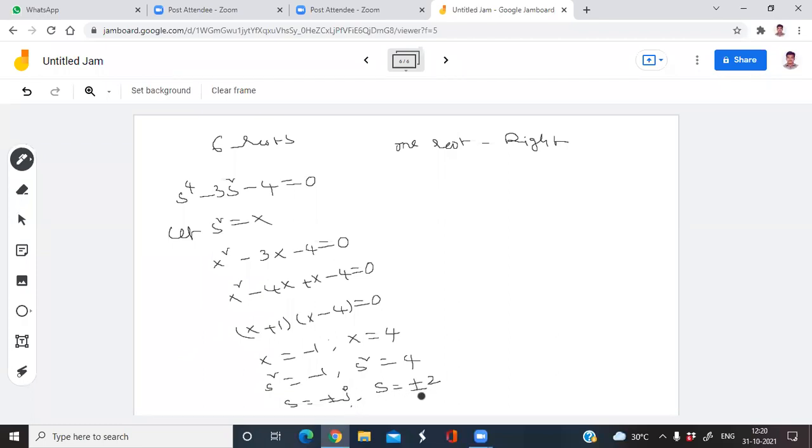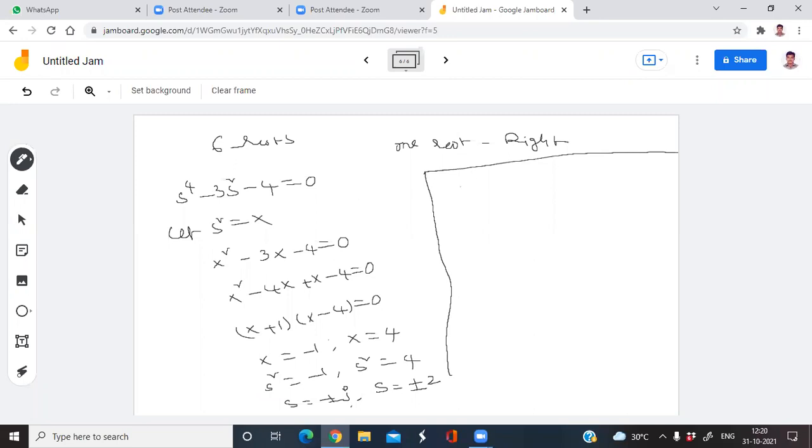Then how can you find the remaining 2 roots? Here is one procedure, just one shortcut. Just observe that.